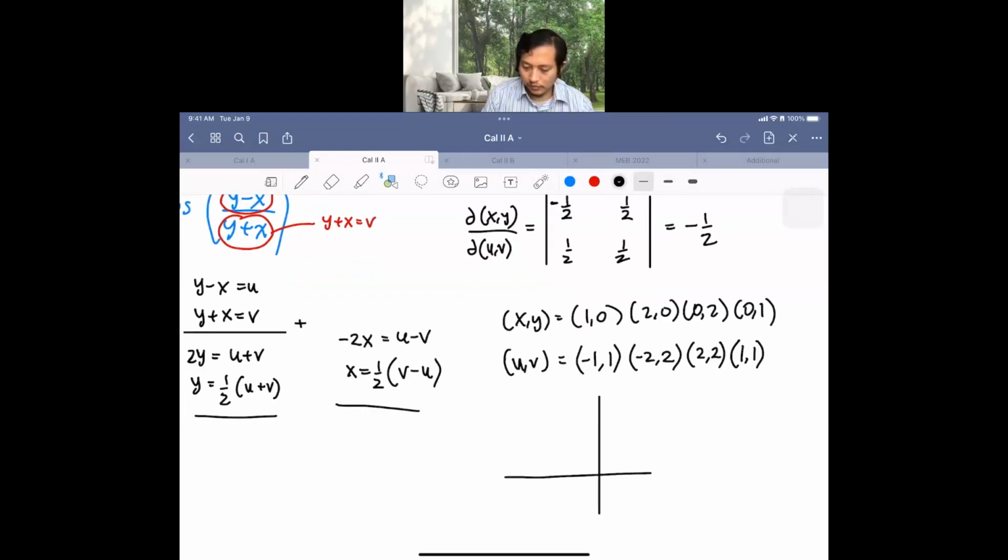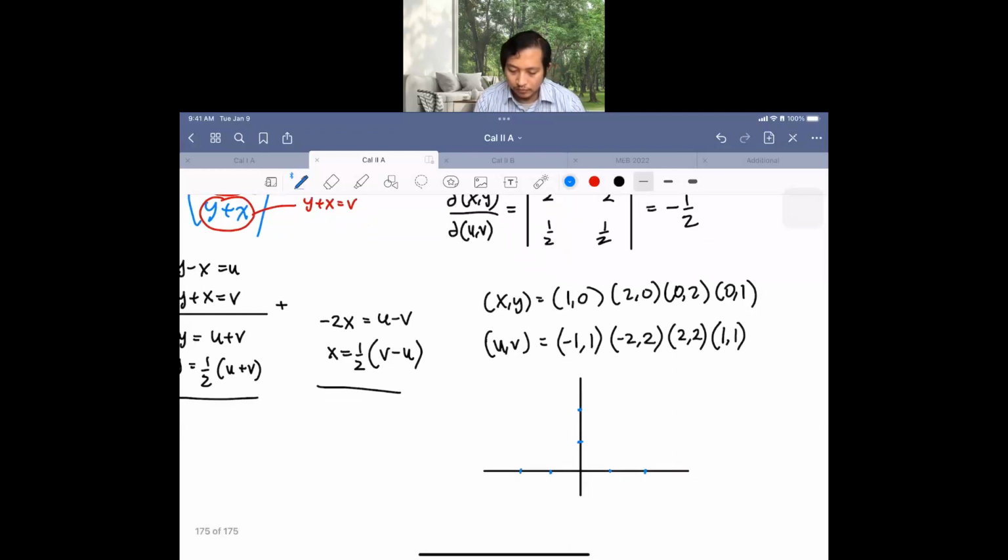We need some drawings. Negative 1, 1 is here. Sorry, here. Negative 2, 2 here. Oh, it's a trapezoid, right? So 1, 1 here, and 2, 2 here. So it is a trapezoid.